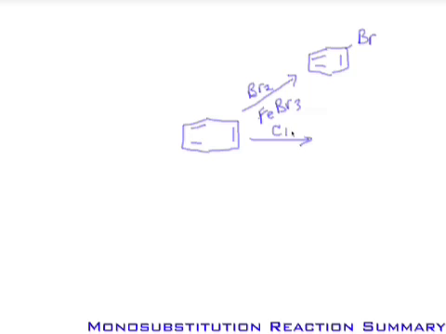We've learned that you can take Br2 with FeBr3 and produce bromobenzene. We can take Cl2 with AlCl3 and we can produce chlorobenzene.